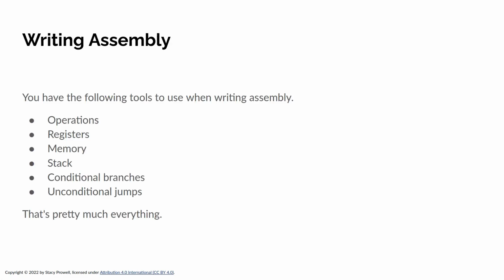All right. You have a lot of tools when you're trying to write assembly. You have operations that you can use. There's tons of those. Registers, memory, stack, there's conditional branches, and there are unconditional jumps. And that's pretty much everything that you have in terms of programming tools to get the job done.